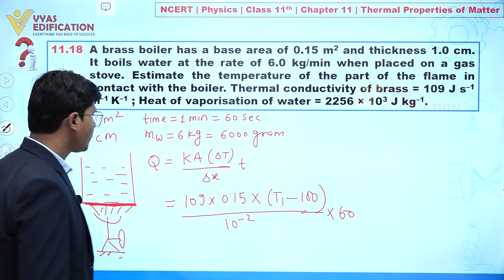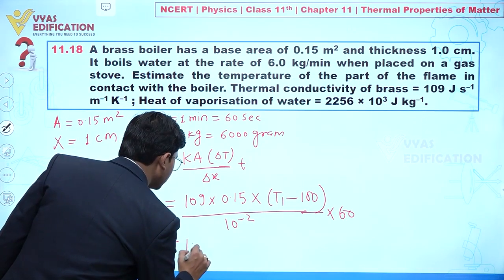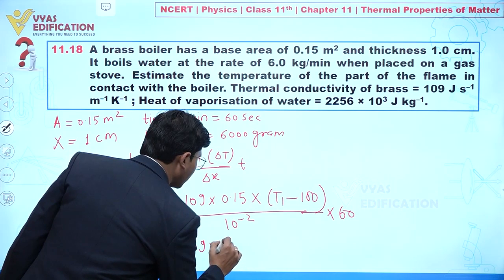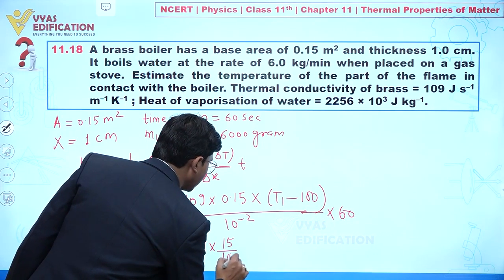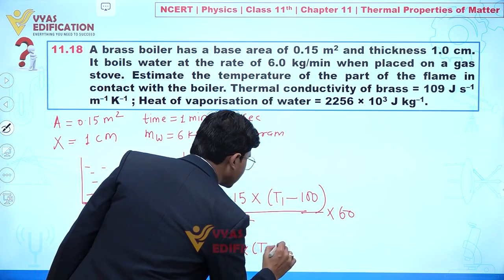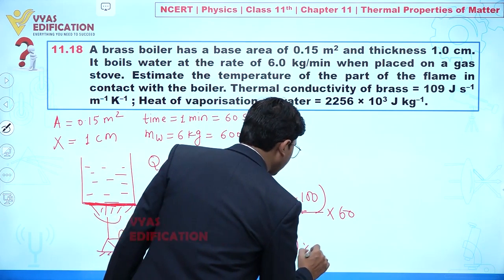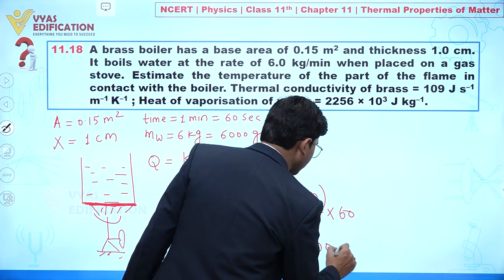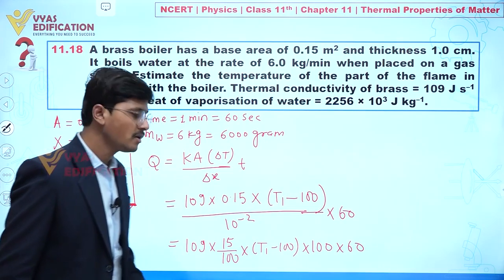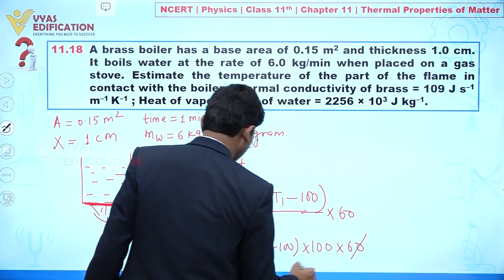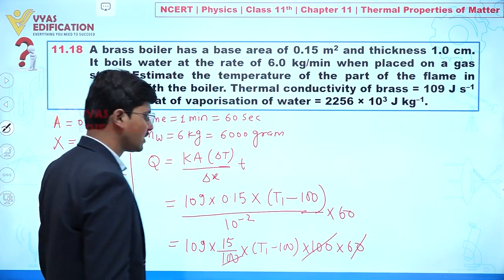From here we can write 109 into 50 by 100 into T1 minus 100, multiplied with 100 into 60. Here 100 and 100 cancel out directly.